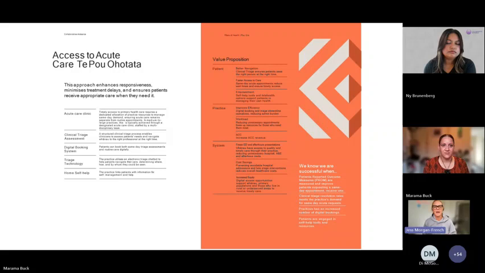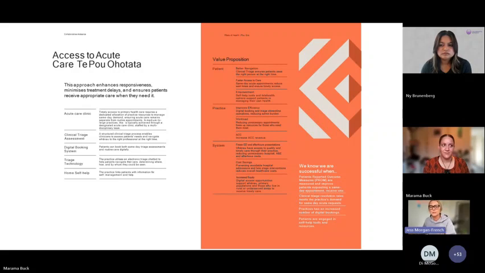We do want to bring our New Zealand portal vendors up to the same level as some of our international counterparts, but also to ensure that they best meet the needs of our whānau, and also make it really easy for the practice to turn on some of this functionality, because we do understand the complexity in there.